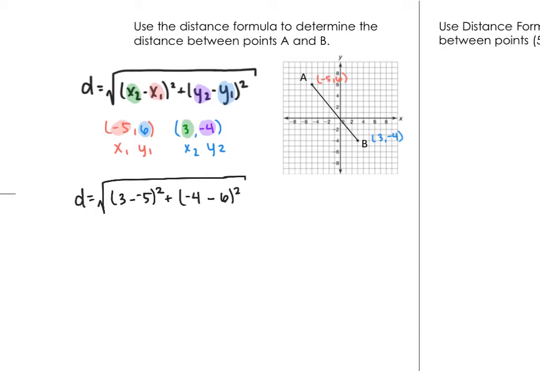All right, so now we just have to simplify. What I would recommend is, if you're not very good with positives and negatives, go ahead and use your calculator. First I'm going to do inside the parentheses. So 3 minus -5 is 8, and then -4 minus 6 is -10.